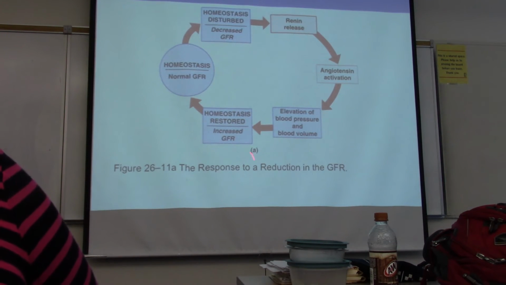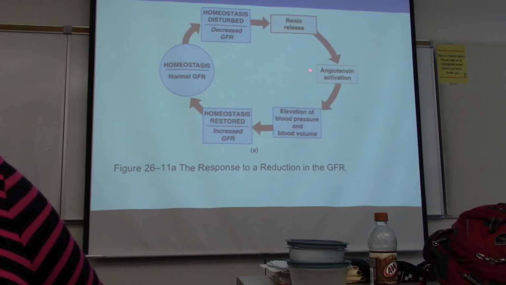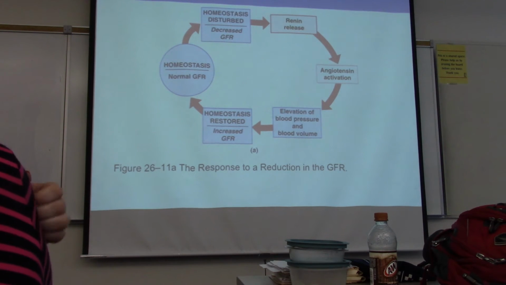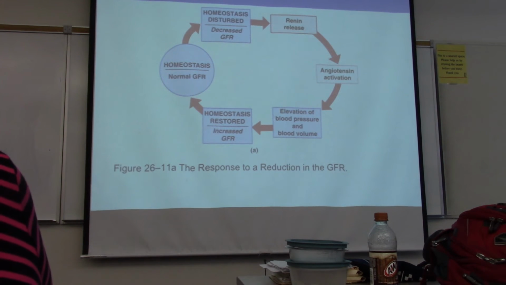So, if you have a marked reduction in your GFR for some reason, what's going to happen? Well, if you've got a decreased GFR, you're going to increase renin. Renin is going to get turned into angiotensin. That conversion actually takes place in the lungs, by the way. I don't know why, but it does.